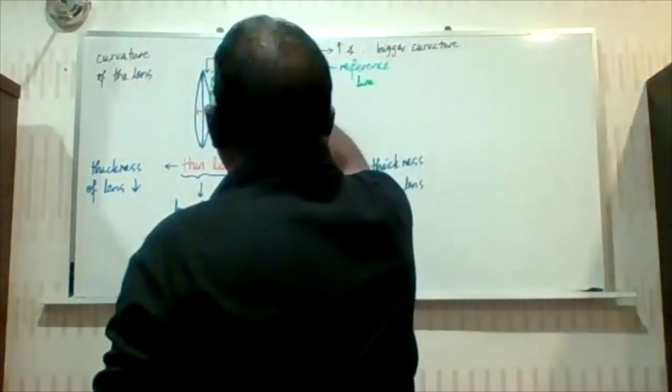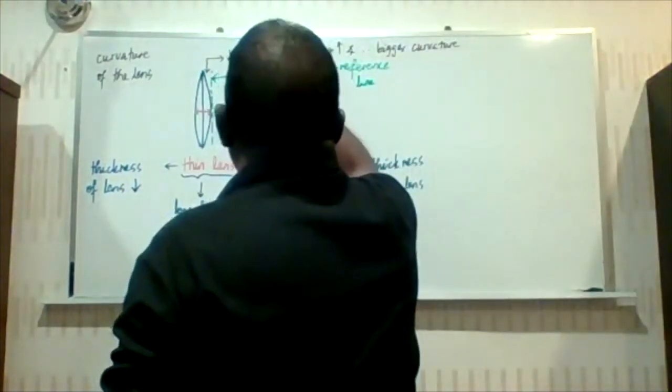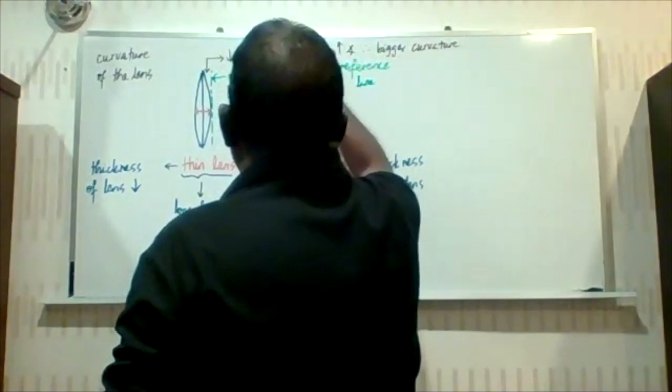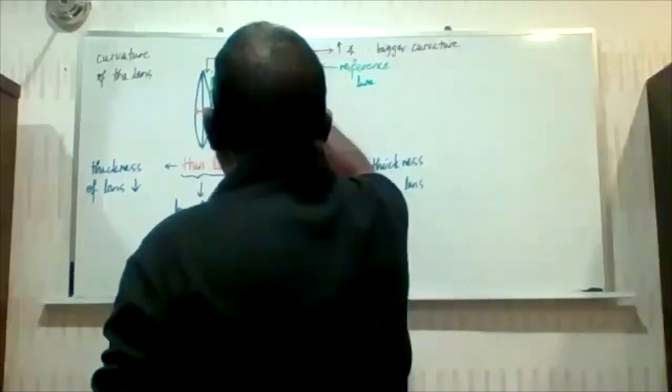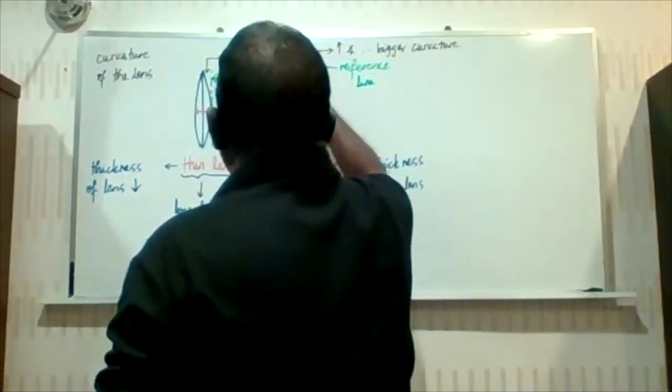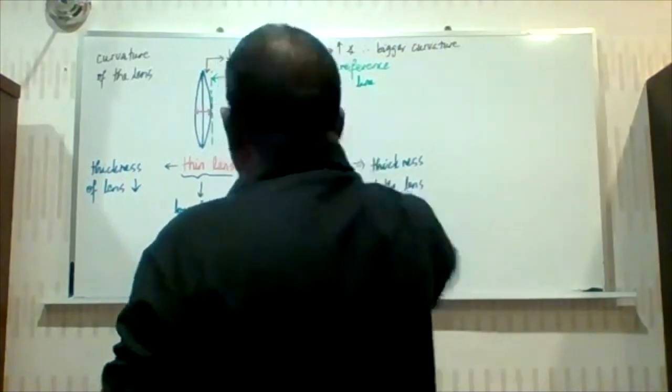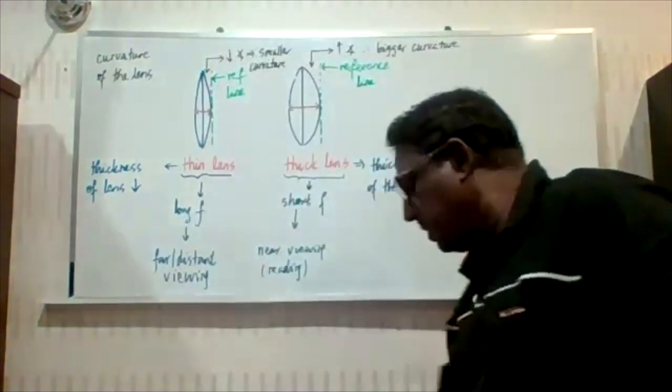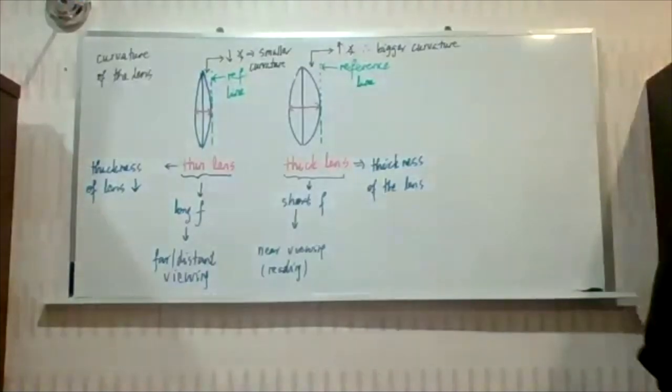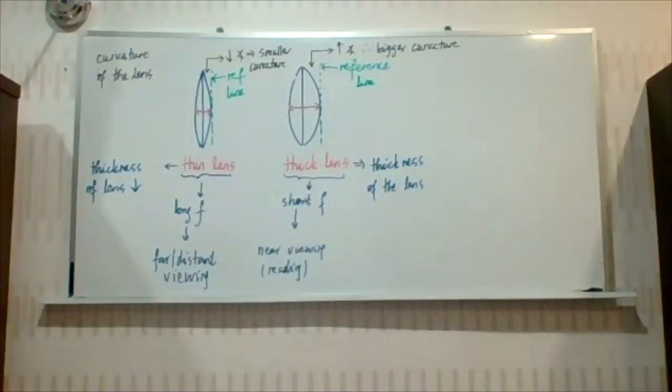A small angle means smaller curvature, meaning the lens is curved by a small angle. That is the right way of looking at curvature, so make sure you are able to view curvature as I said.